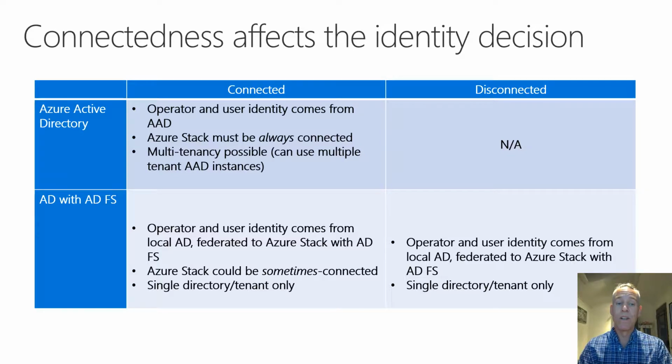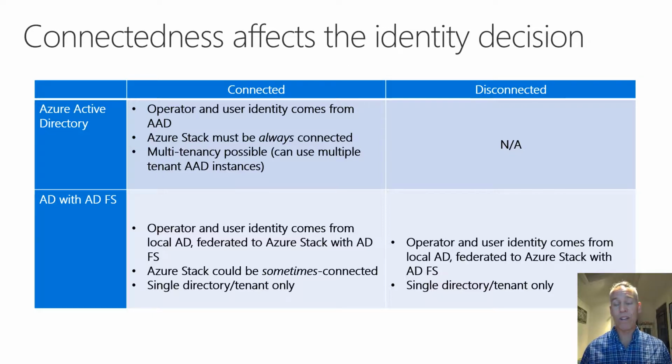This means it's more friendly to deploying hybrid solutions where you might want to use that same identity across the parts of the solution that are deployed in Azure Stack and the parts that are deployed in public Azure. The other option is to use ADFS, so to federate with an existing Active Directory somewhere else.